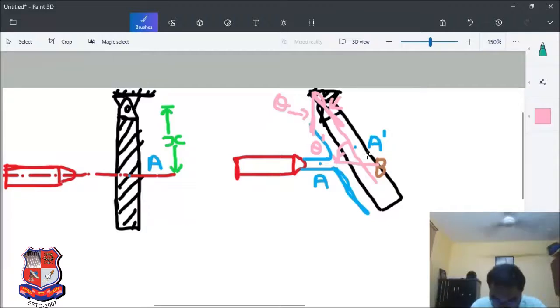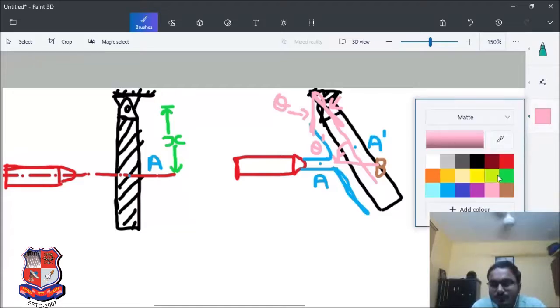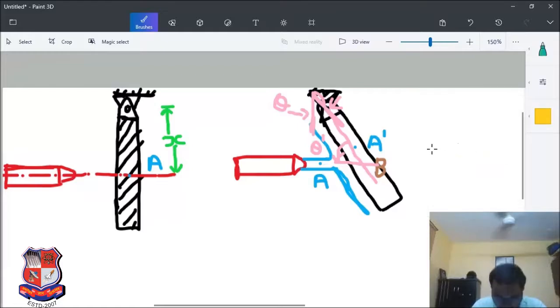Now we will think of the forces which are acting.